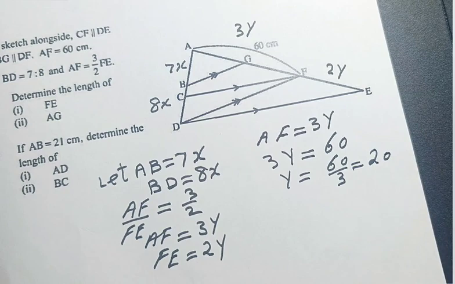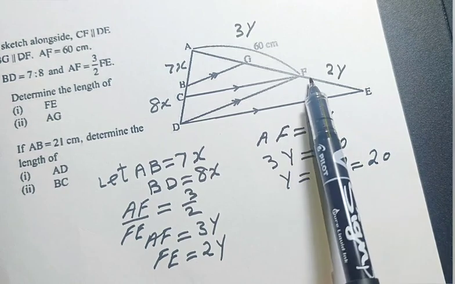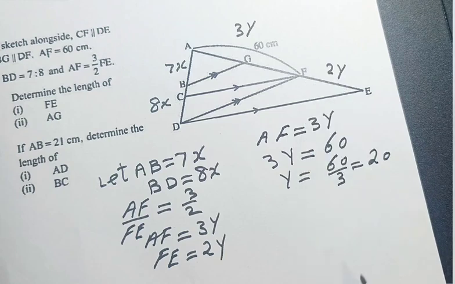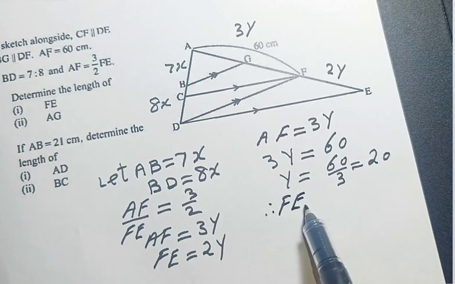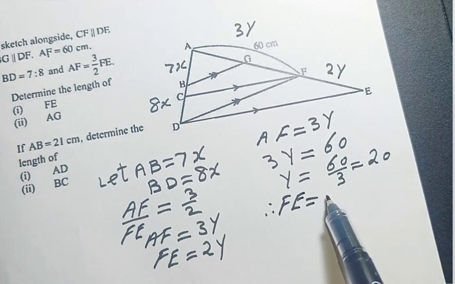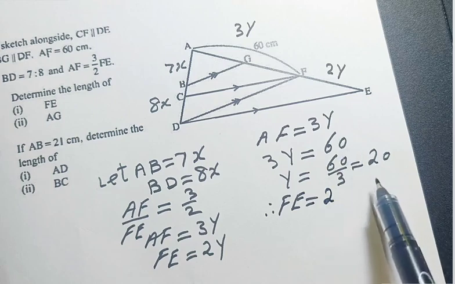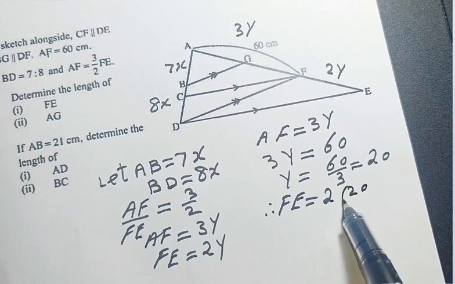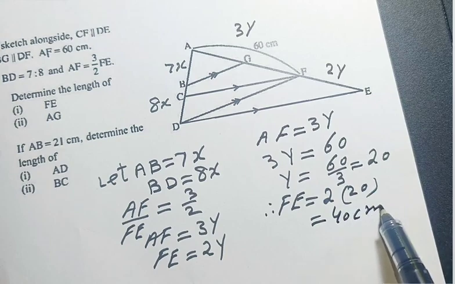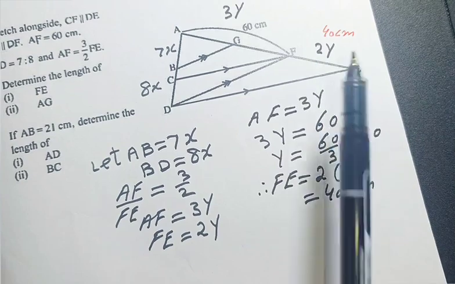That's the y value. Now we need to find FE, which is 2y. So FE is 2 times 20, substituting 20 in place of y. The answer is 40 centimeters.